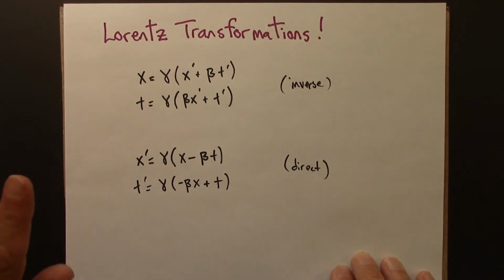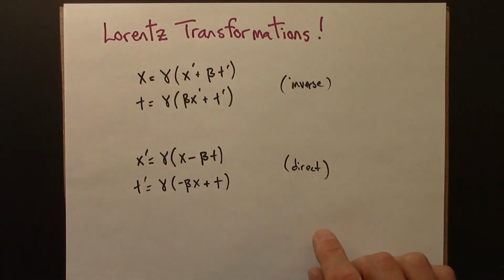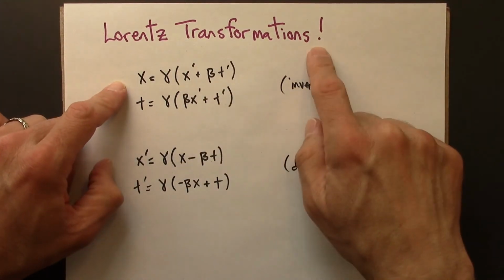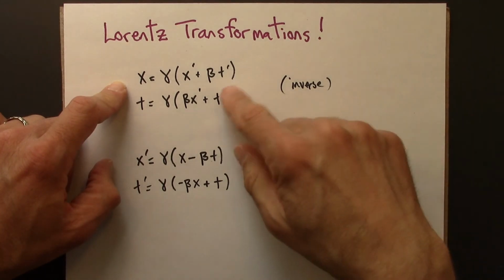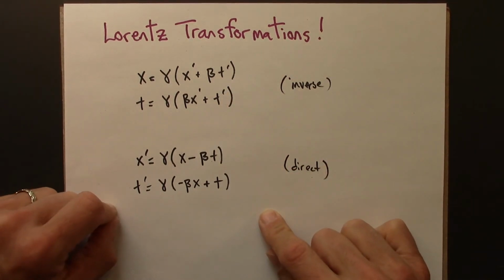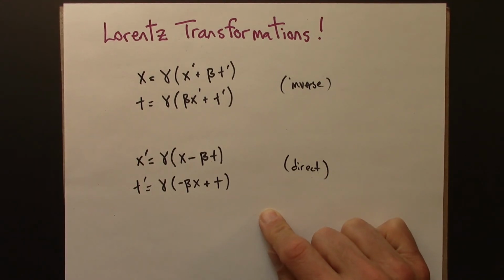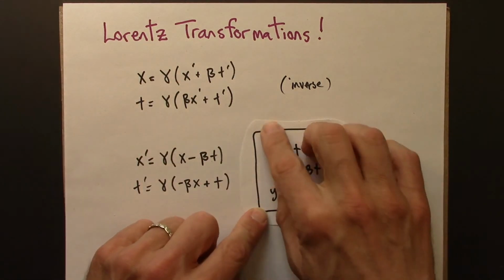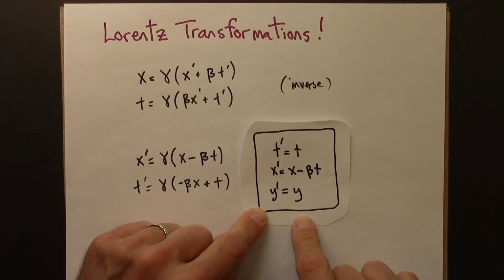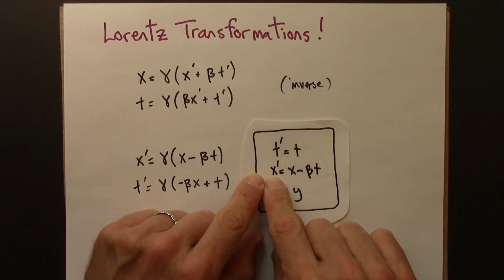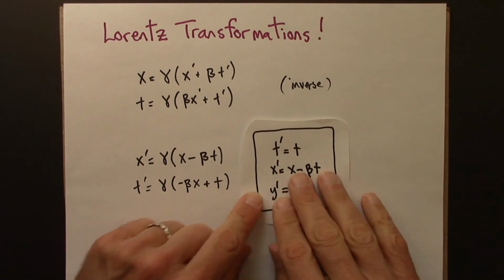All right, so lastly, as I said at the beginning of this series of videos, the Lorentz transformations are this dictionary between two reference frames, and they're the relativistic version of the Galilean transformation equations, which we had quite a while ago, I think in the very first unit of the course. So x prime is x minus beta t.